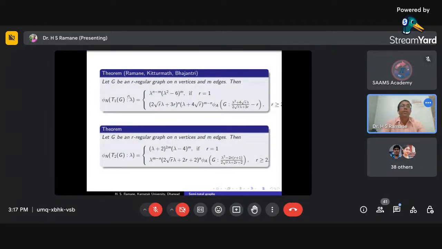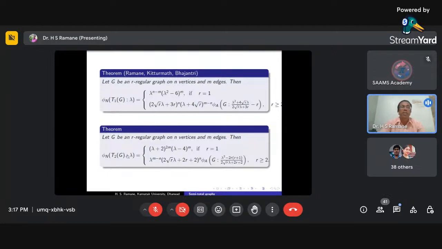Again, if G is a regular graph with n points and m lines, then the Nirmala polynomial of the semi-total line graph is lambda raised to n minus m, times lambda squared minus 6 raised to n, if r is 1, and if r is greater than or equal to 2, you will get this expression.